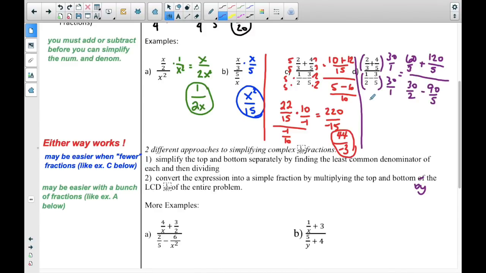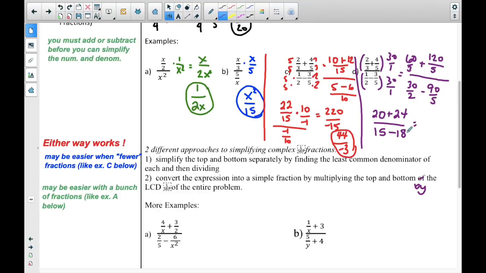Okay, that little step, like I'm saying, I'm showing so you can see what I'm doing here, but the good news, all of these fractions go away because 60 over 3 reduces down to 20, 120 over 5 reduces down to 24. In my denominator, I have 30 over 2, that's 15, and 90 over 5, that is 18.